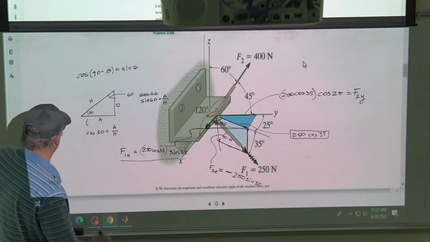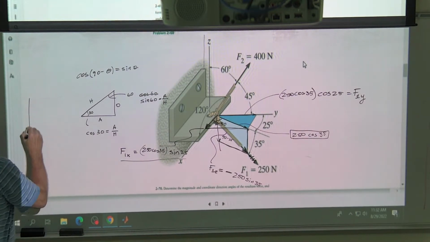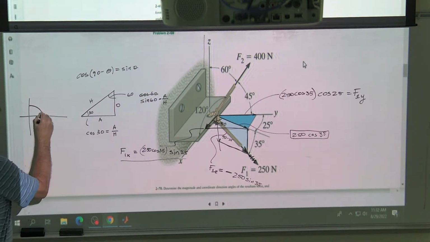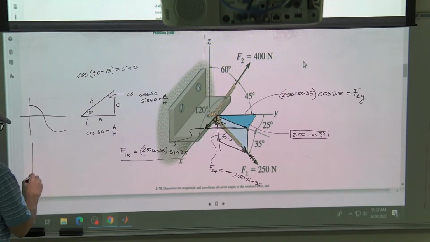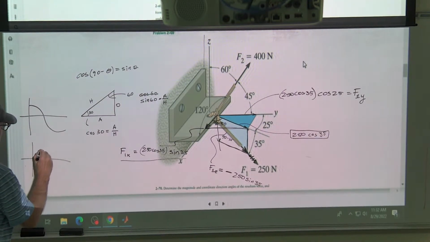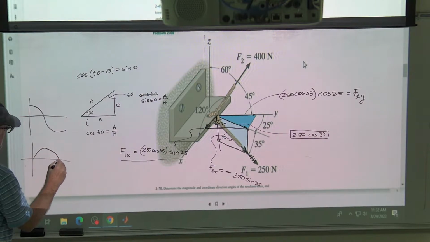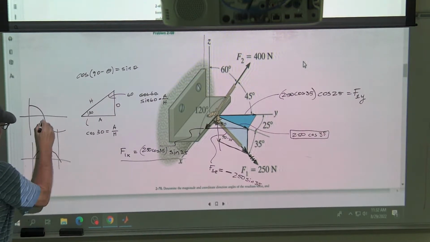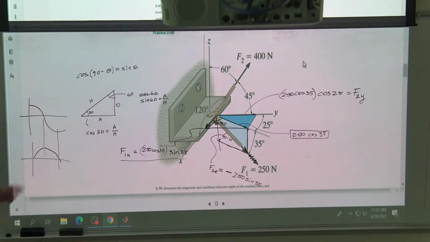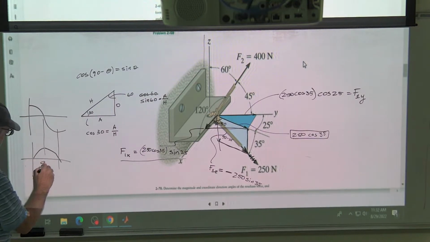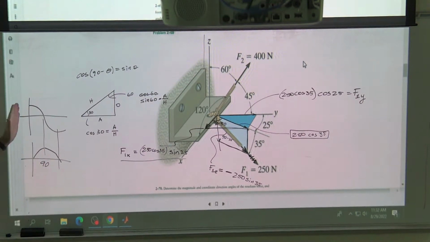Another way you could look at it is you shift your thing. If I take a cosine, it looks like this, right? If I take a sine, it looks like this. Okay, I'm trying my best. So if I shift it, this is 90 degrees. So I got to shift one of them 90 degrees. I could shift the cosine that way 90 degrees, or I could shift the sine back this way 90 degrees and get the same plot.